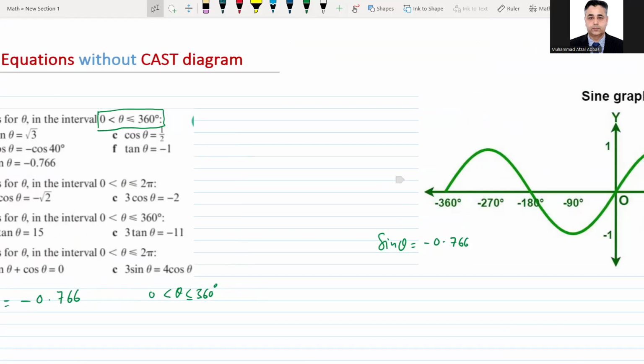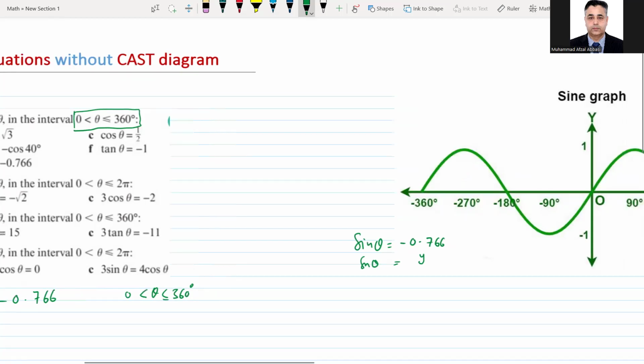This is a graph of y equals sine theta. So basically y equals sine theta. It means in our equation, y has been replaced by negative 0.766.